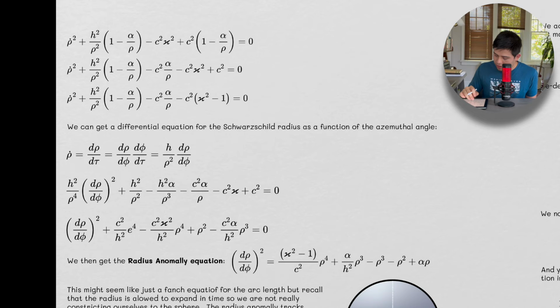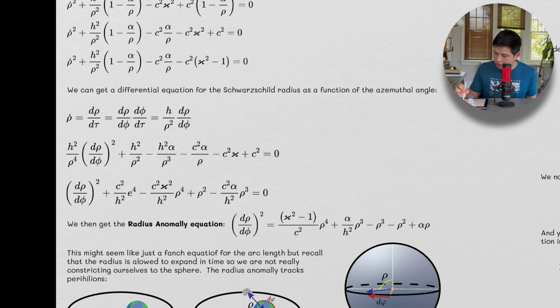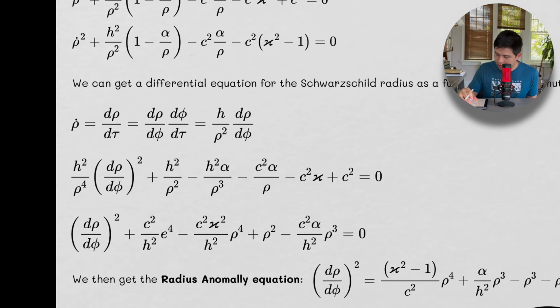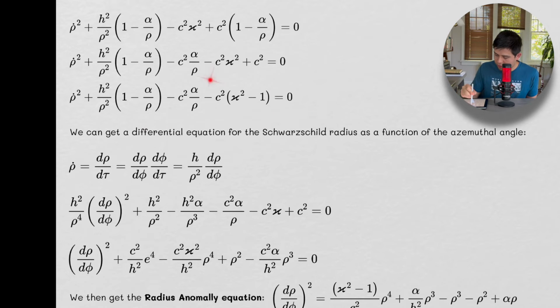We can get a differential equation for the Schwarzschild radius as a function of the azimuthal angle now. The way we do that, keeping this guy in mind really quick, is that this guy is defined as d rho d tau, and so we can do the magic of calculus. We can write this in this way, because these two guys are the same.